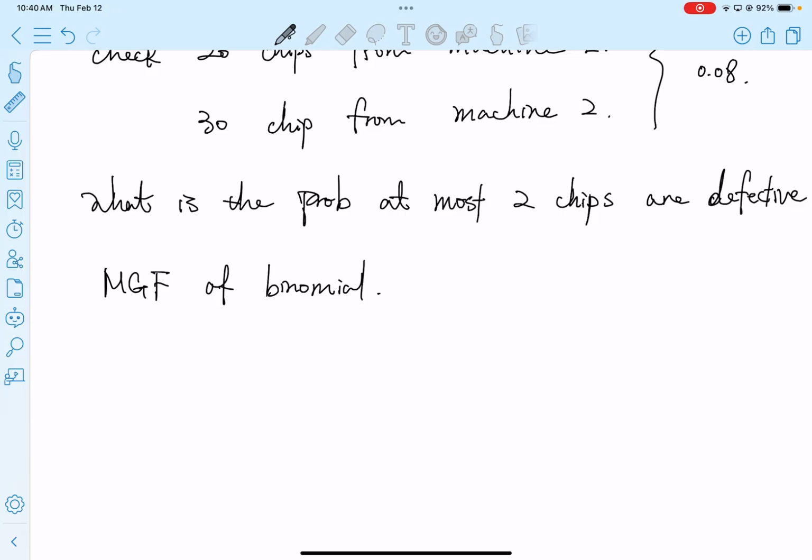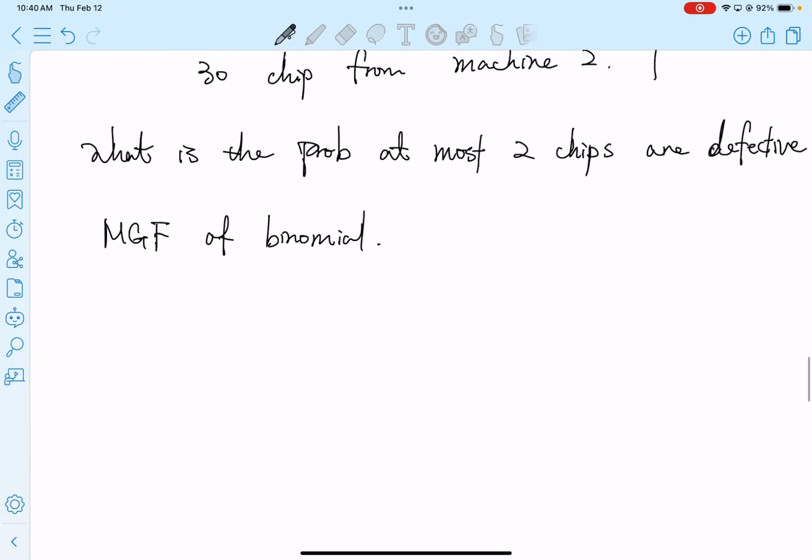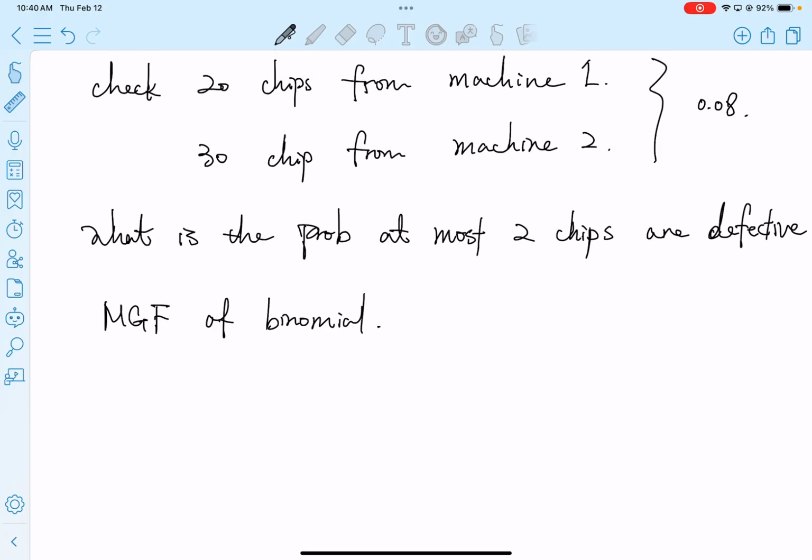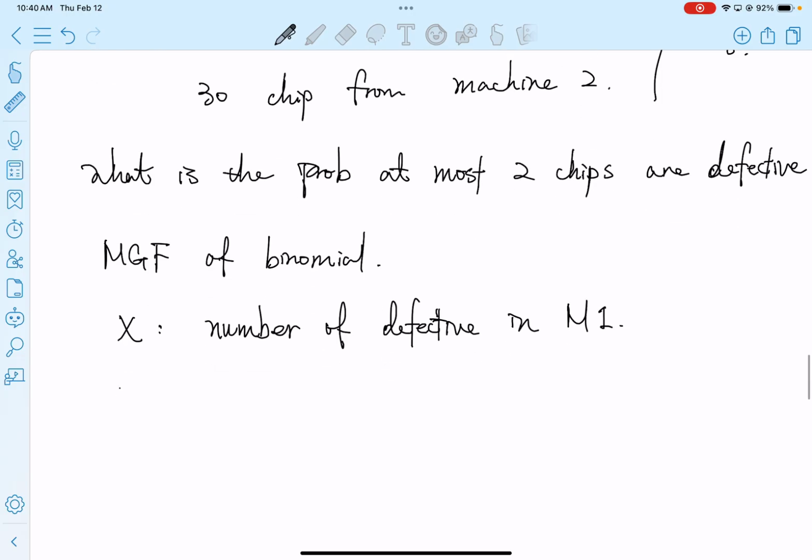I think we have also derived the case for the sum of that. So here, let's restate: X is the number of defective in M1, machine 1. Okay, now let's introduce another variable, Y, the number of defective in M2.